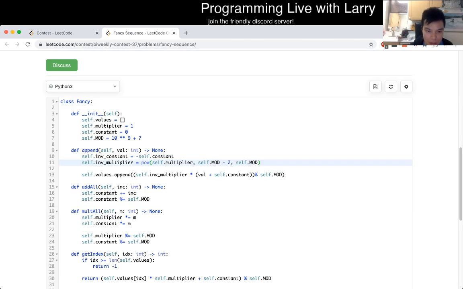I did this math wrong, I did it the other way. This part is okay. Testing. Okay. Oh, whoops.